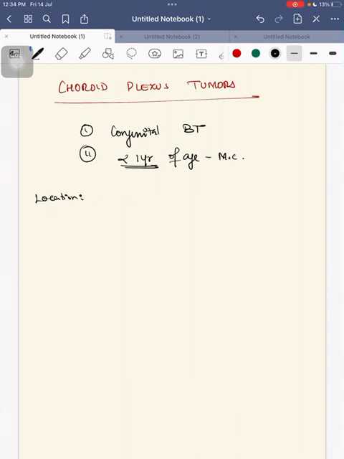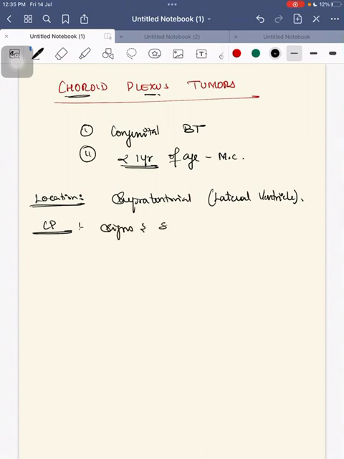Location: as the name suggests, it is an intraventricular epithelial neoplasm arising from the choroid plexus. Predominantly it is present in the supratentorial region, mostly in the lateral ventricle. Clinical features: there will be signs and symptoms of raised ICP.